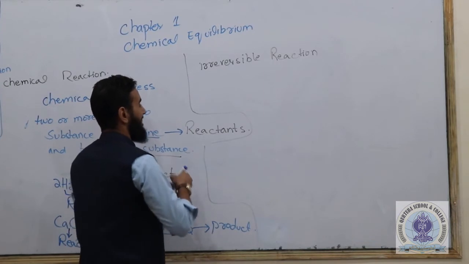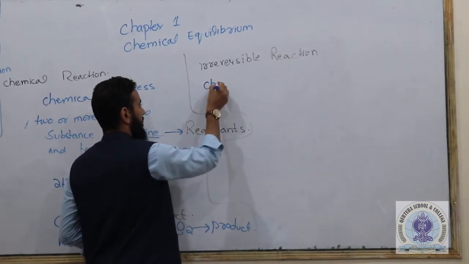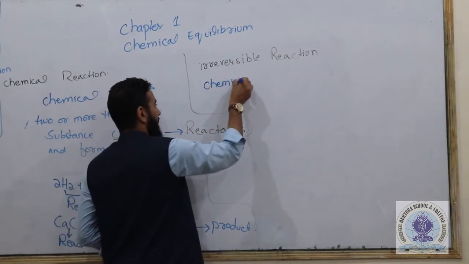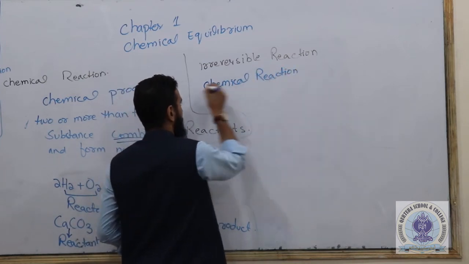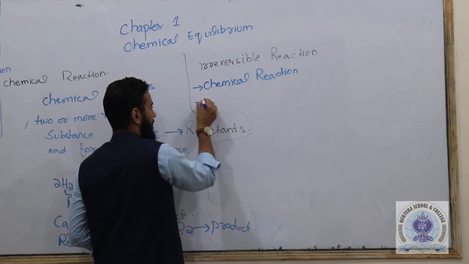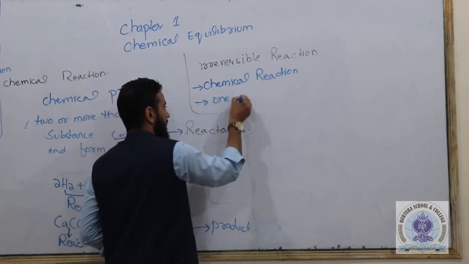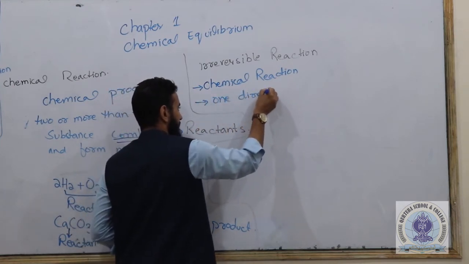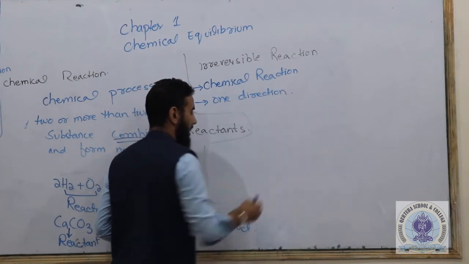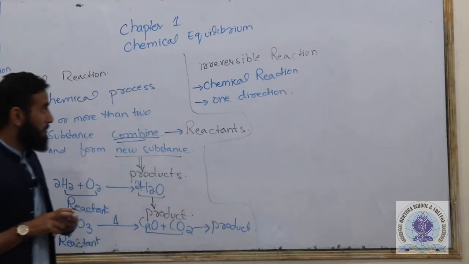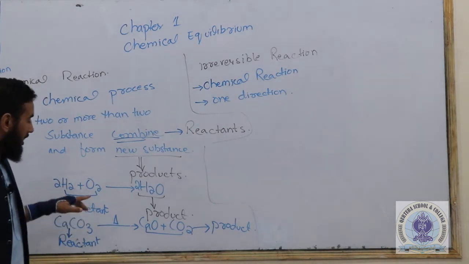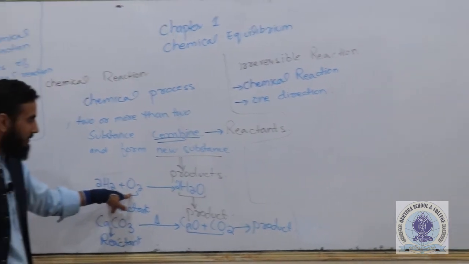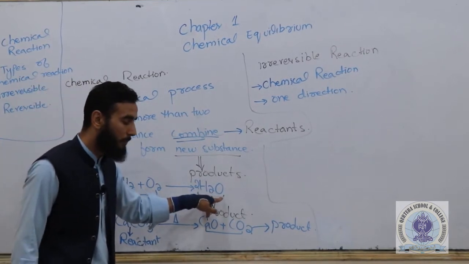Now it's time to explain what an irreversible reaction is. It's a type of chemical reaction which proceeds in only one direction. Which means that in irreversible chemical reactions, the reactants combine with each other and form product.